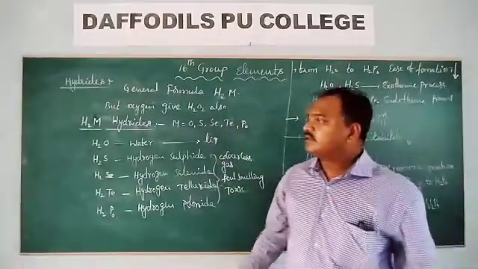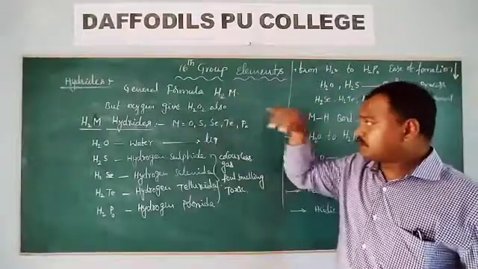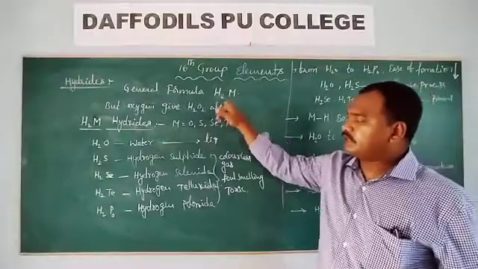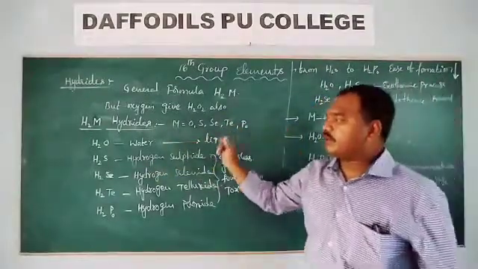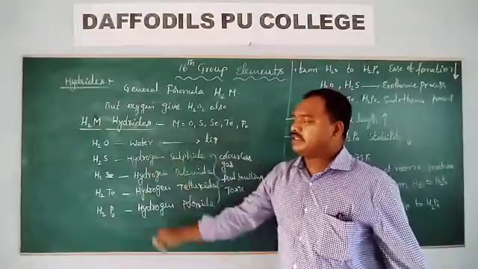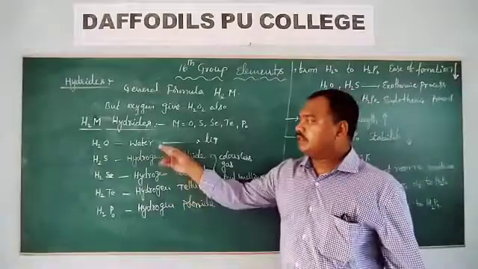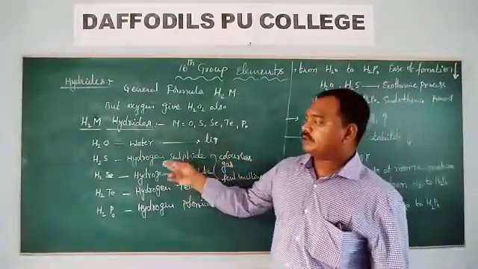Hydrides with general formula H2M. Here M stands for 16th group elements. So instead of M you can take oxygen, sulfur, selenium, tellurium, polonium. When oxygen is there, it becomes H2O, which is water. It is liquid at room temperature.